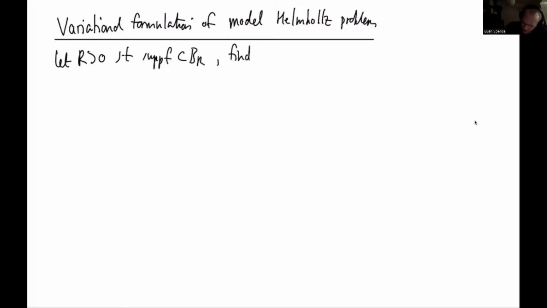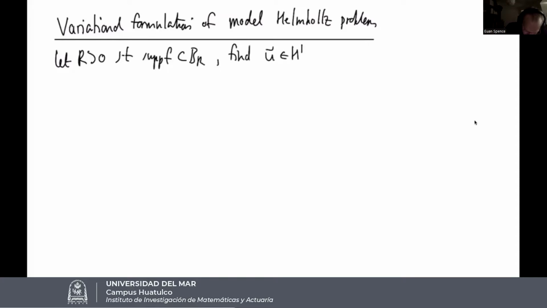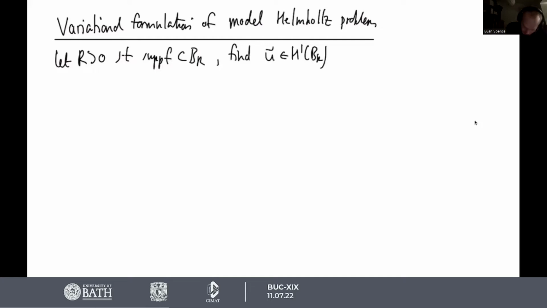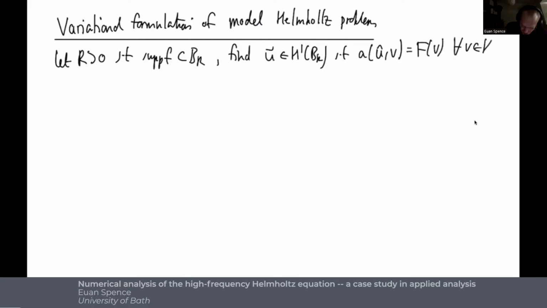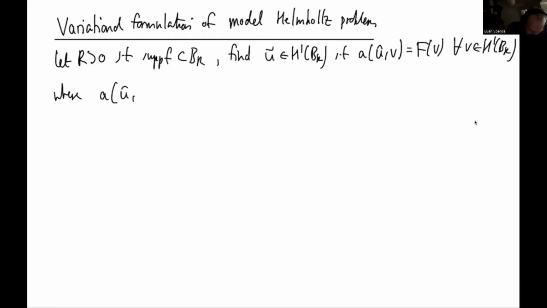So the task is to find ũ in H1 of the large ball, B_R, such that a(ũ, v) equals F(v) for all v in H1 of the large ball, where, what's this sesquilinear form a(ũ, v)?